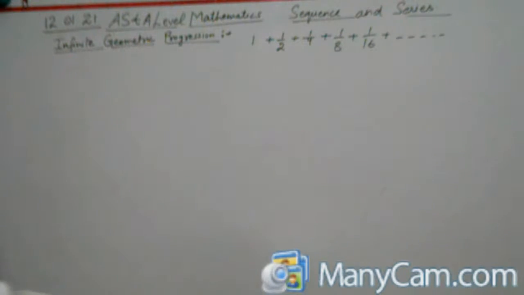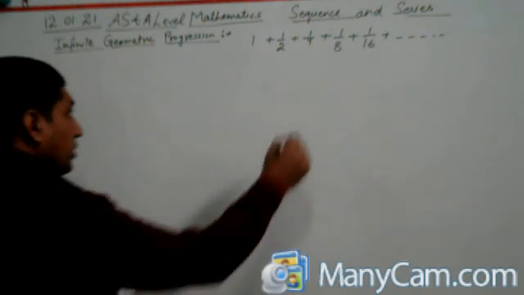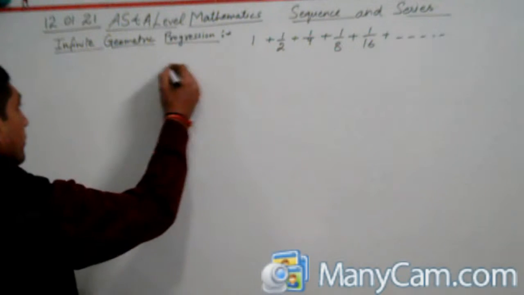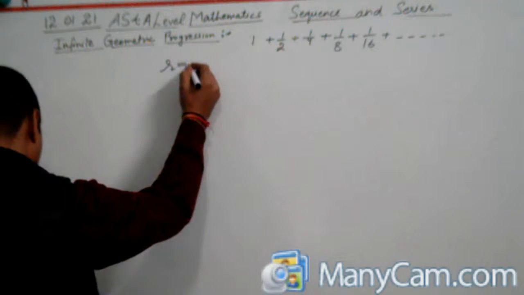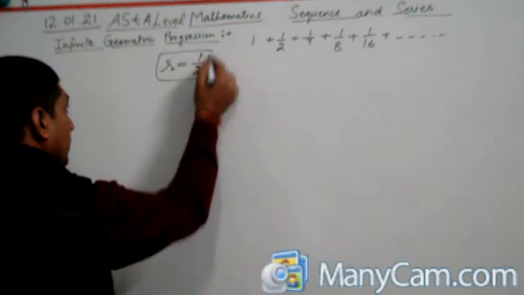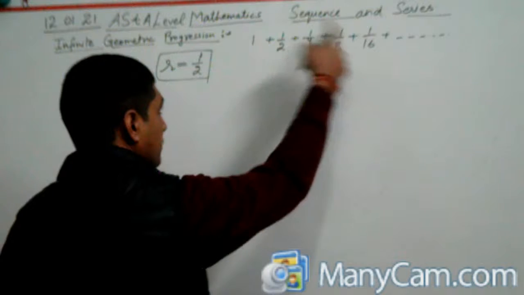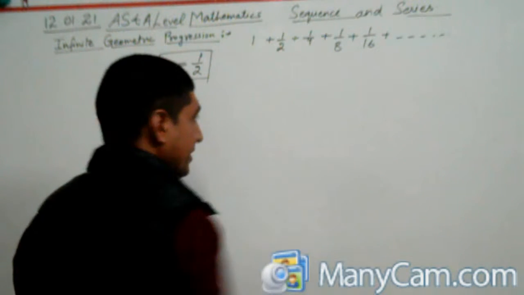No last term, that is, this is an infinite geometric progression. Here the common ratio R is half, right? Half of 1 is half, its half is 1 by 4, its half is 1 by 8, its half is 1 by 16.